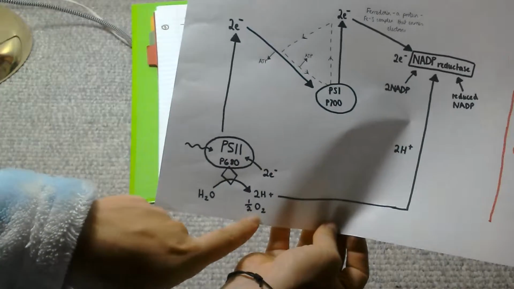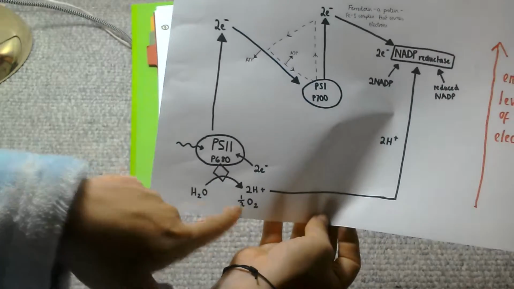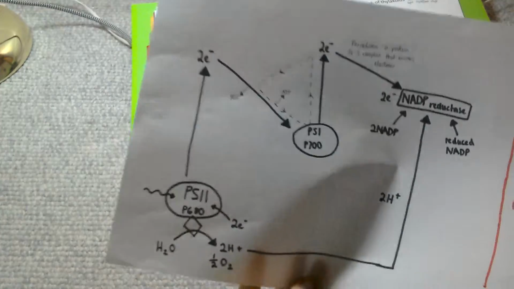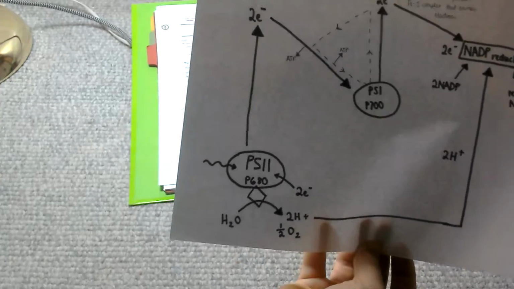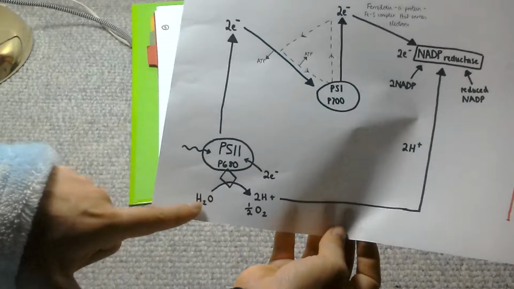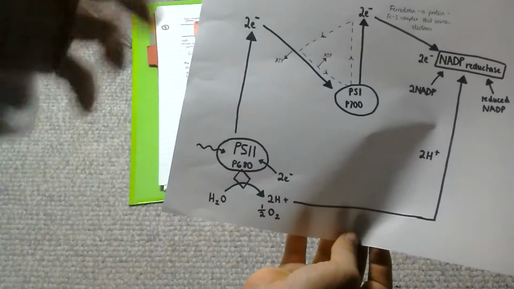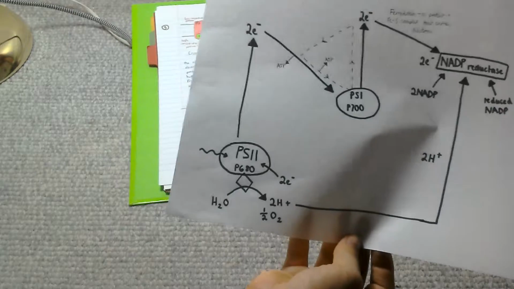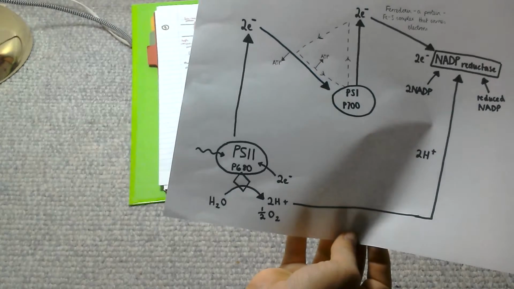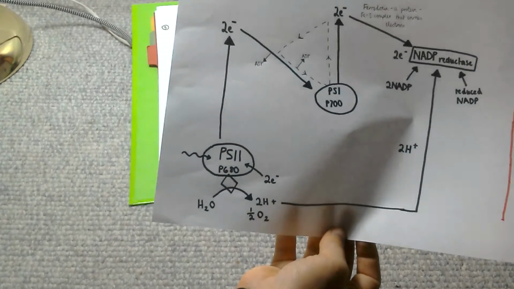Well, the oxygen is actually made in photolysis of H2O, and they found this out by putting radioactive oxygen in the water, and it actually came out at the end as oxygen. Oxygen was actually released from the plant, and they did this again, but they just put it with the carbon dioxide, and in fact, there's no radioactive oxygen.